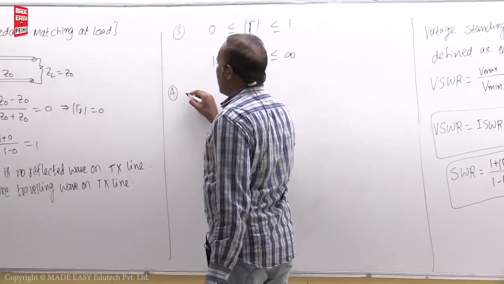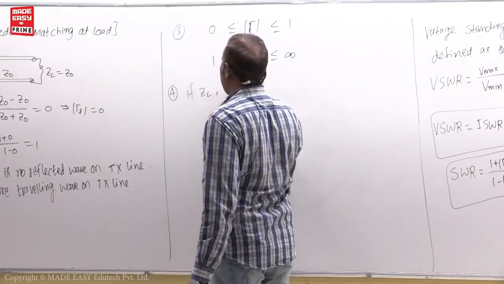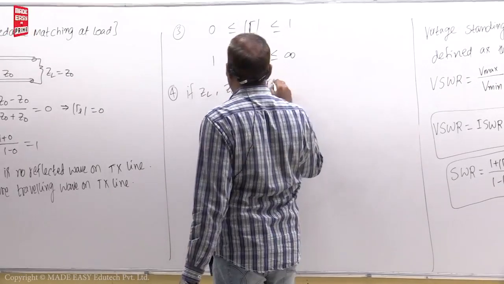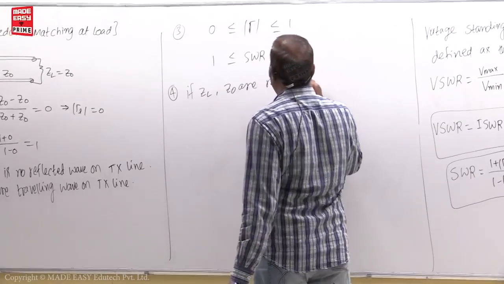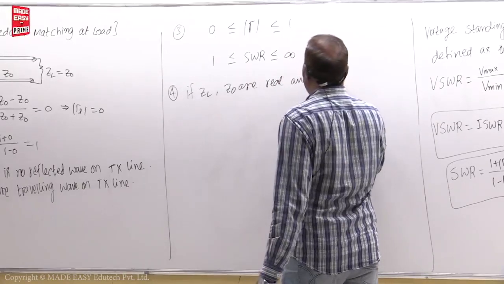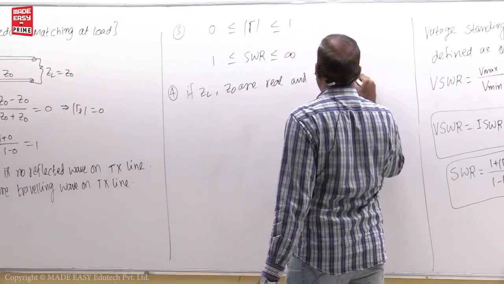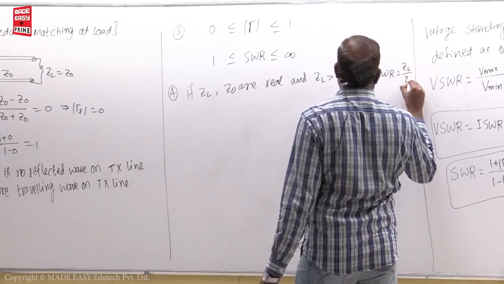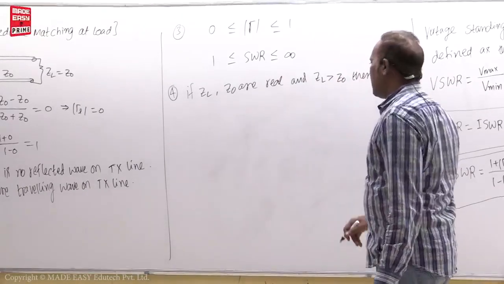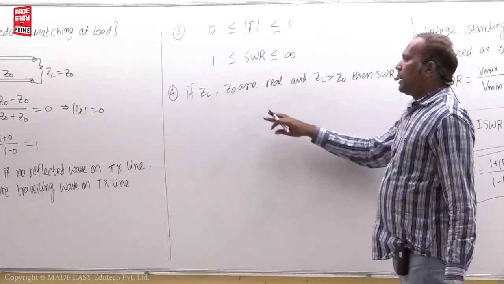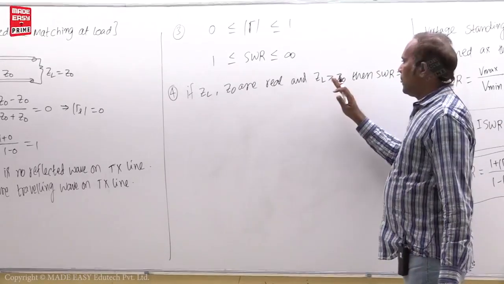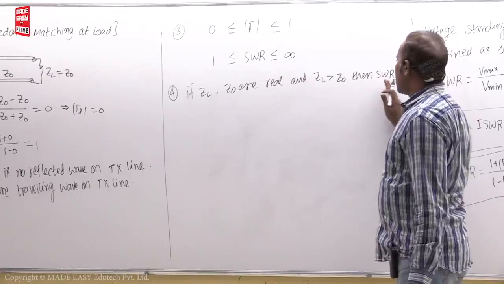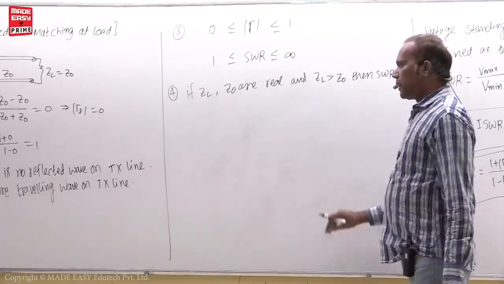Next, fourth point, important point. If ZL, Z0 are real and ZL is greater than Z0, then SWR is equal to ZL by Z0. This is also an important formula. I will derive it here. If ZL and Z0 are real and the bigger one is ZL, so SWR is equal to bigger by smaller.